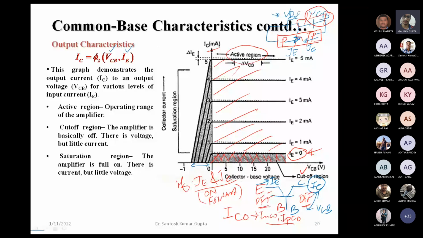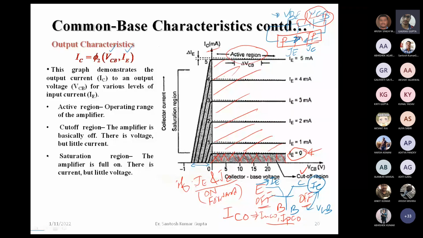That's the convention over here. So as VCB is increasing, from somewhere around minus 0.8 to 0, we can see that the current is increasing very quickly and reaches a value which is very large.